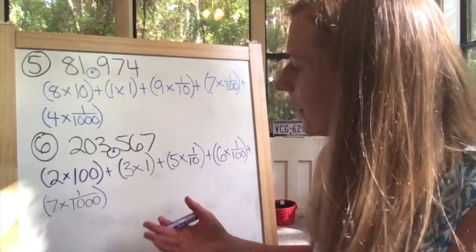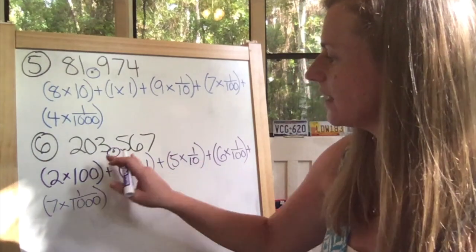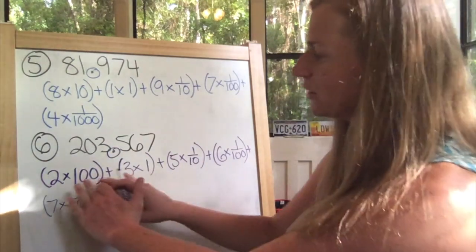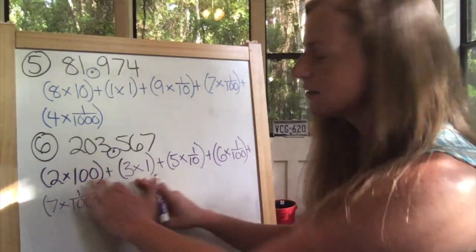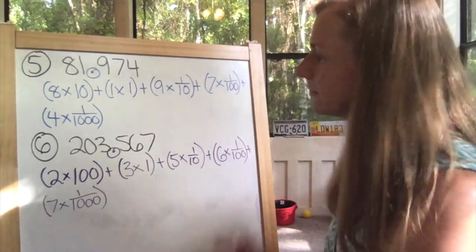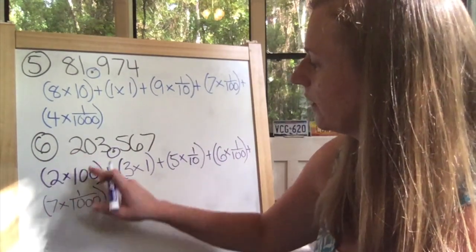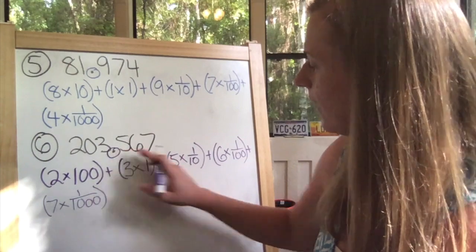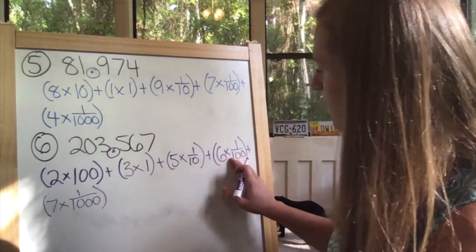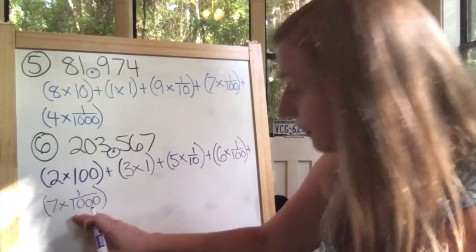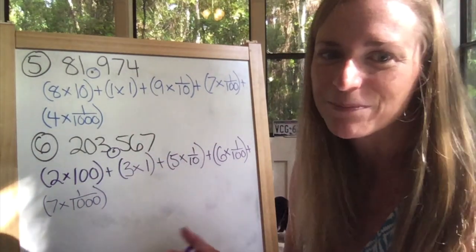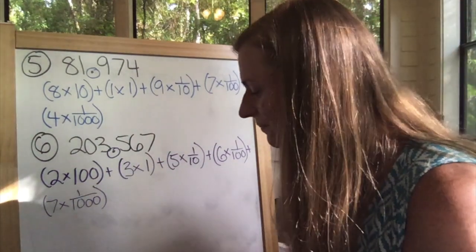And again, to check it, we make sure that that decimal's in the right spot where we shift from whole numbers to fractions. So we've got 200, 3, 5/10, 6/100, 7/1000. So there we go with that one.